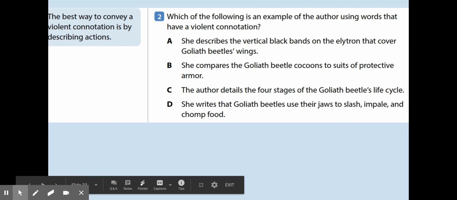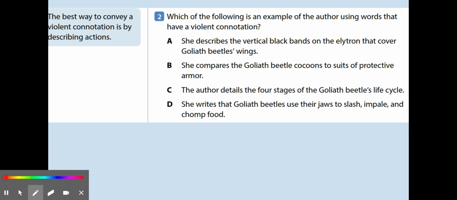All right, number 2, our hint says the best way to convey a violent connotation is by describing actions. It also says to think about something, if it's a violent connotation, that is usually something negative. Number 2, our question says, which of the following is an example of the author using words that have a violent connotation?